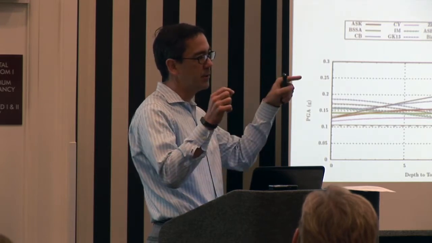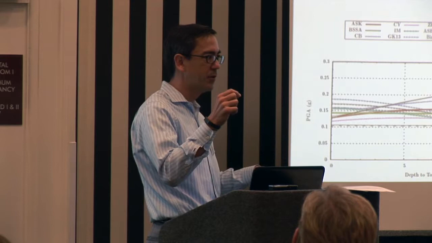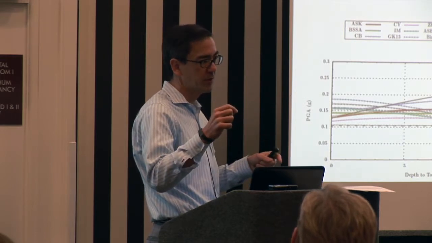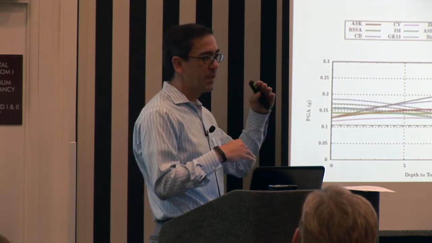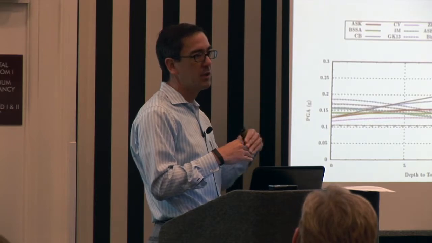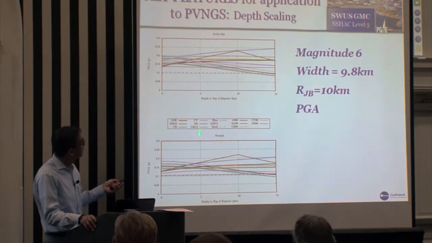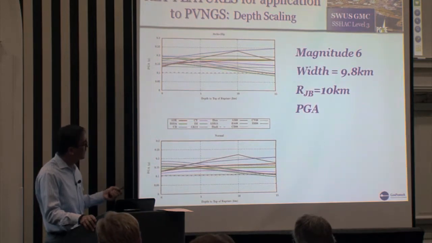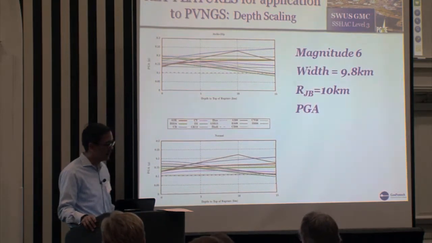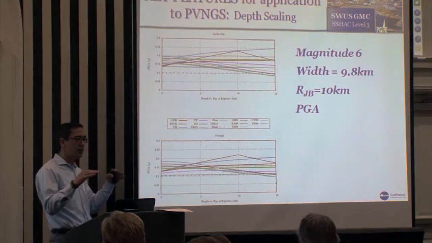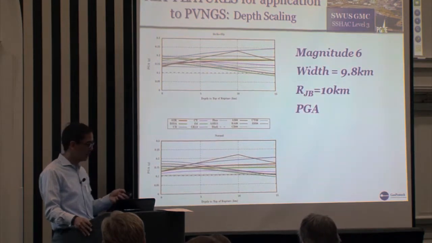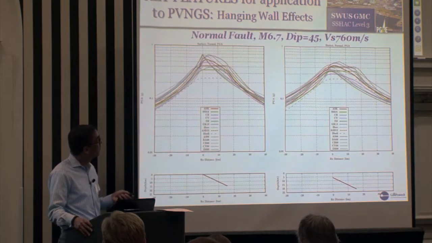You've got 10 kilometers of horizontal distance, and then you've got the depth as well to get the rupture distance. So it's a trade-off between the depth to the top of rupture feature in their models and the increasing rupture distance. This is applicable to the Arizona site in terms of what depth you put these normal faults in the background zone around the plant.